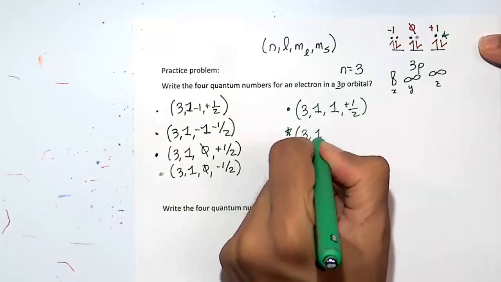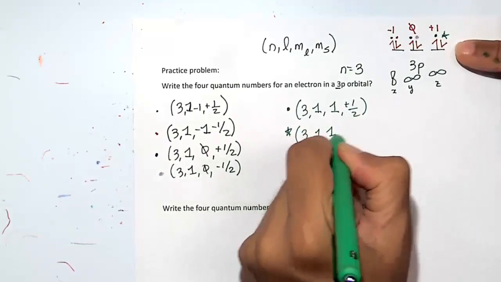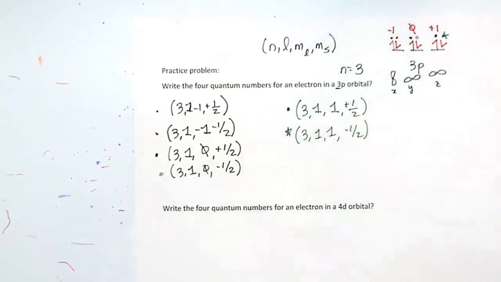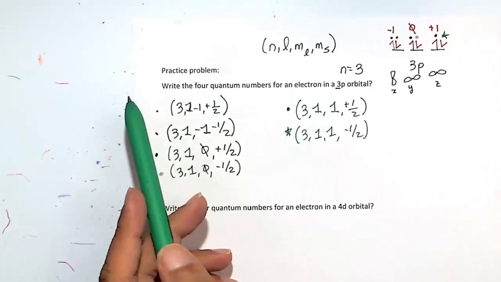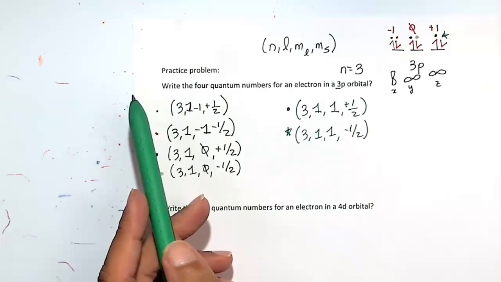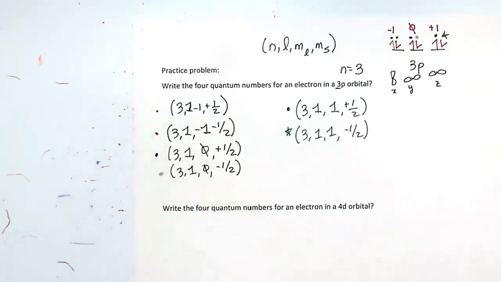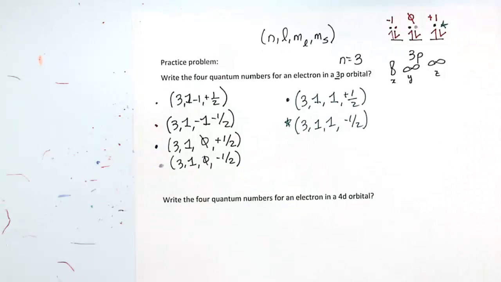The star electron is everything the same except it's minus 1/2. So those are the unique addresses of each electron in the 3p orbital. This answer has 6 terms, each term with 4 numbers, because the address of an electron is 4 quantum numbers. That's how you approach this problem.